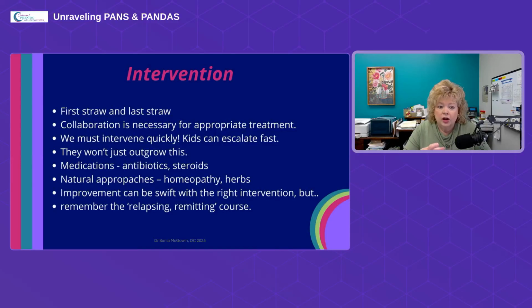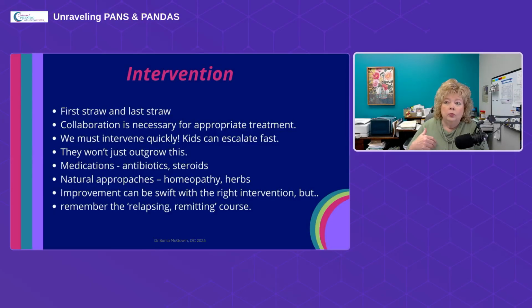So the first straw is often deficiencies, mitochondrial dysfunction, poor intestinal health, so malabsorption, maybe yeast or bacteria overgrowing in the intestine. This is what makes them vulnerable for the last straw, which is an infection that should be relatively benign, short-lived, easily treatable without a lot of ongoing symptoms.